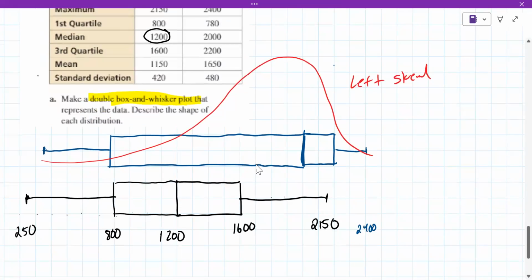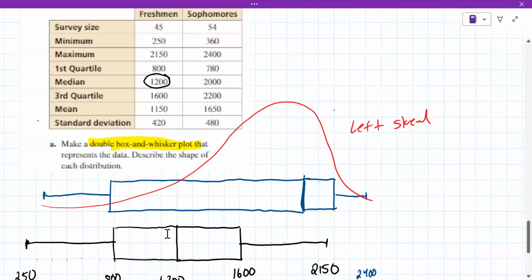Actually, I'm not quite sure what it's asking for, because we could say the median of sophomores is higher than the mean of freshmen, but we actually know the mean of both. So we actually say that on average, sophomores download more than freshmen.